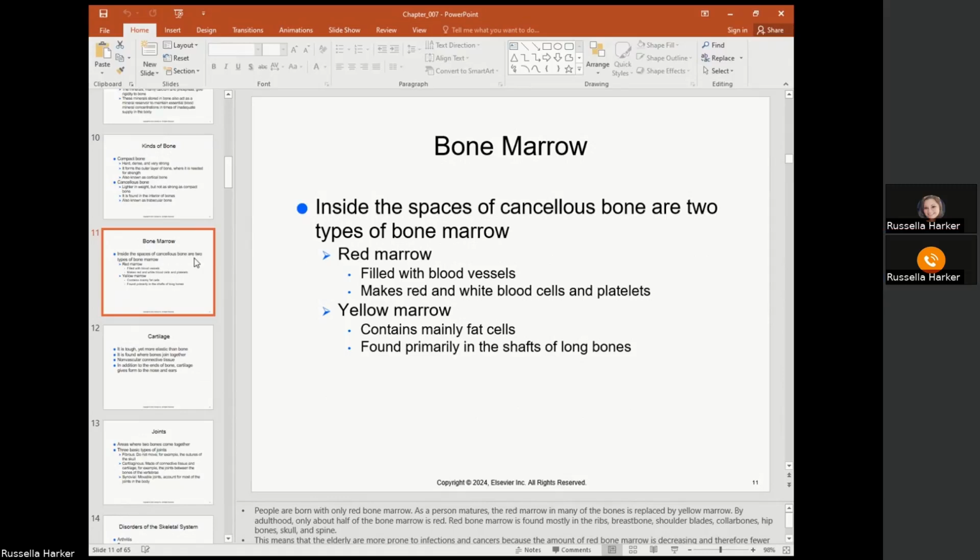The older we get, the more prone we are to infections because the amount of red bone marrow is decreasing. So we have fewer white blood cells and platelets in our body because the red bone marrow is decreasing and being filled with yellow bone marrow.